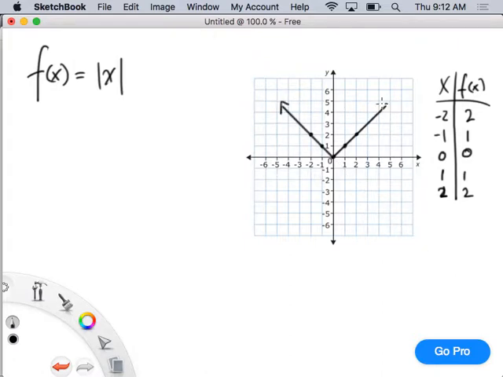And there you have the simplest absolute value function, just f of x equals the absolute value of x. This is our parent function. This is the starting point of all the rest of today's activities.